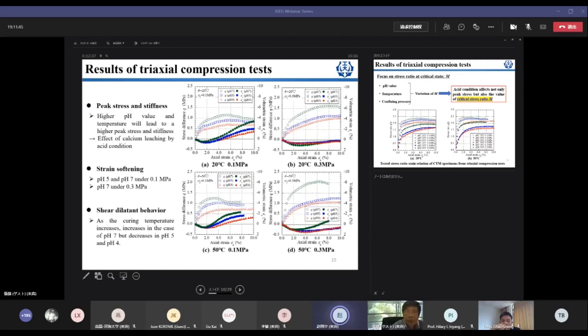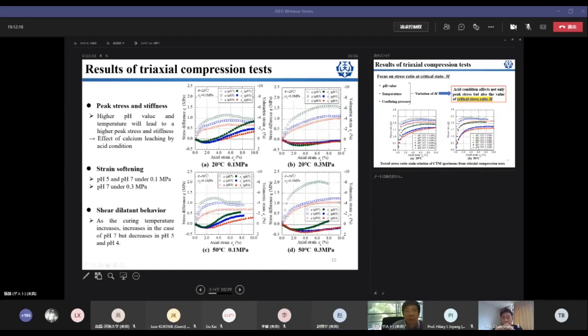And here I just show you some results of the triaxial compression tests. We only present one of them, and I'm sure that all the tests can be repeated very well. It's very interesting: one of the main purposes for us is to understand what kind of influence the acid conditions and the temperature conditions have on the mechanical behaviors.